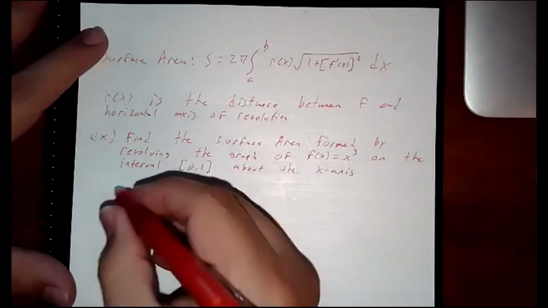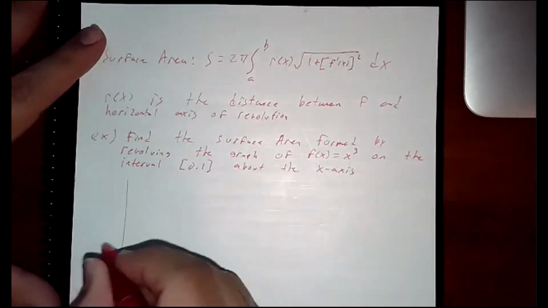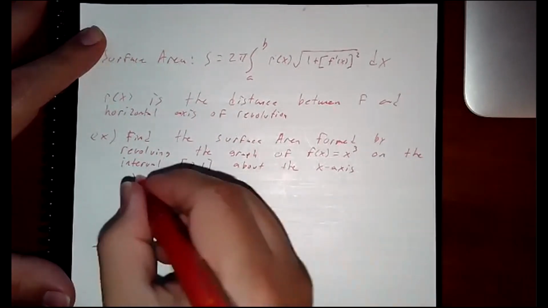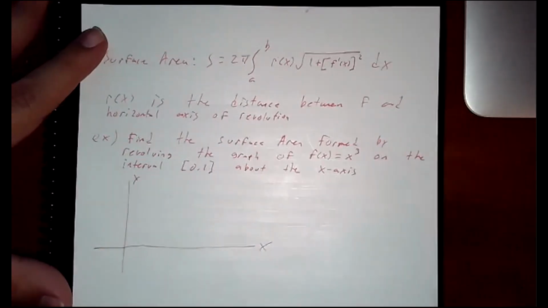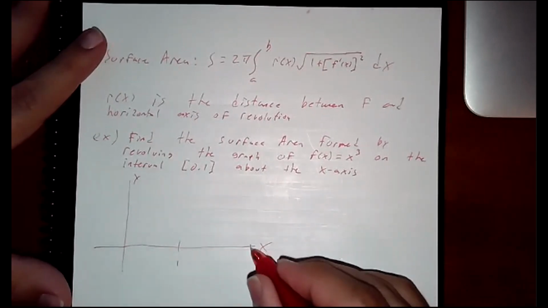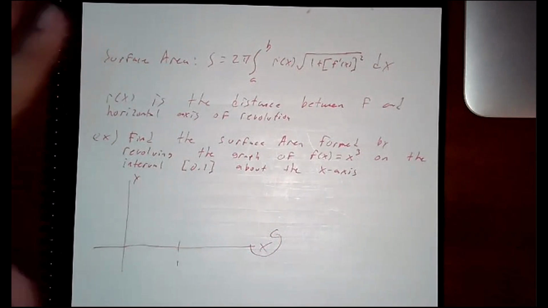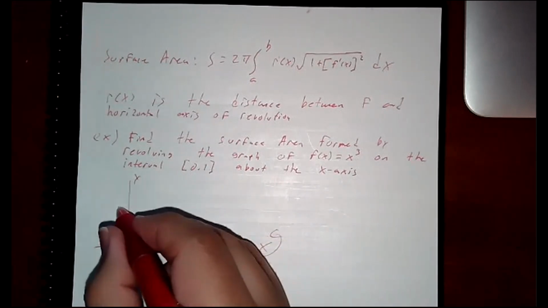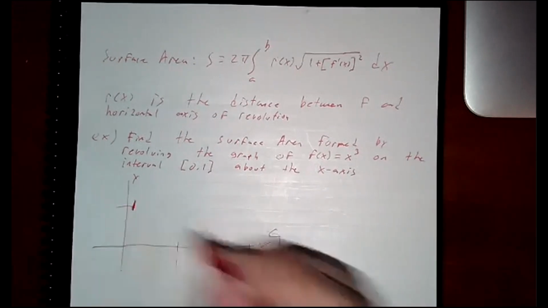Okay, so let's graph that, because right now it's hard to picture. Let's put 1 right there. We're spinning this way. We'll put 1 right here.